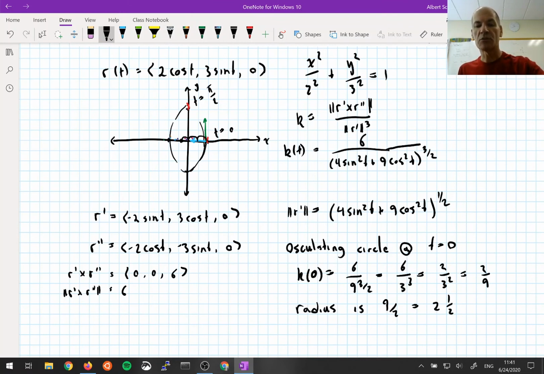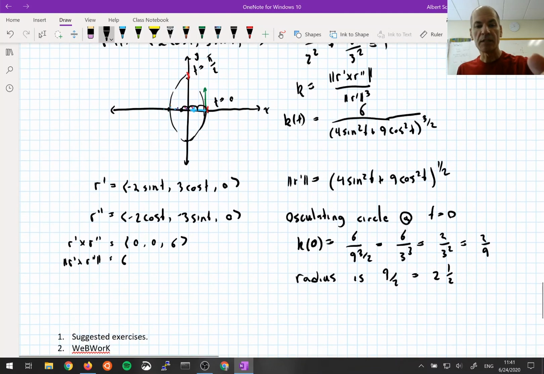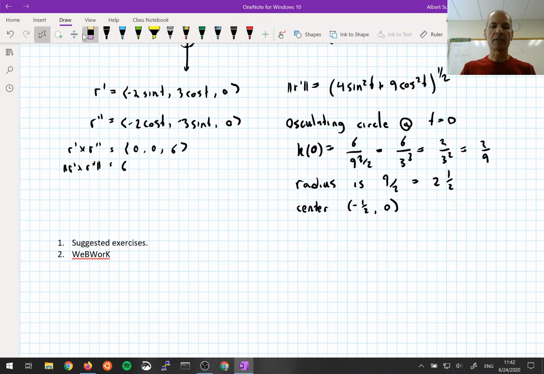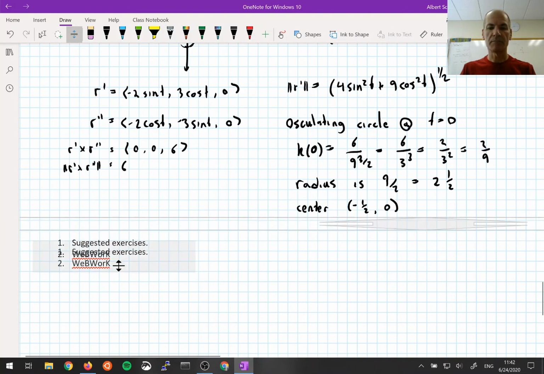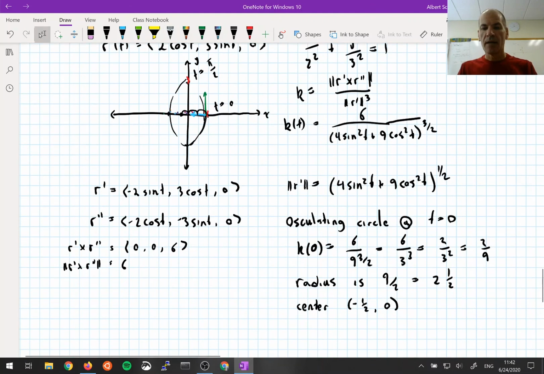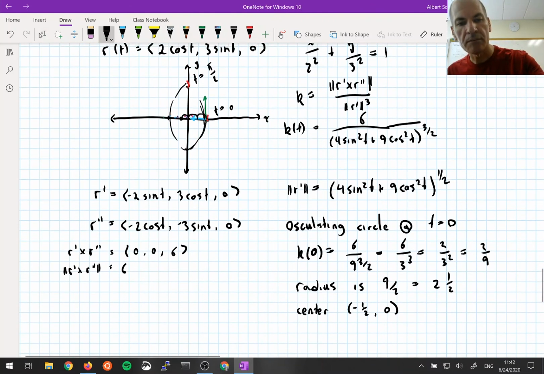What is that in terms of coordinates? It looks like it's minus 1/2 and 0. So the center, and you might want to go through that again to convince yourself of the reasoning, is at minus 1/2 and 0. And if we're to sketch that circle, it's a big circle, right?